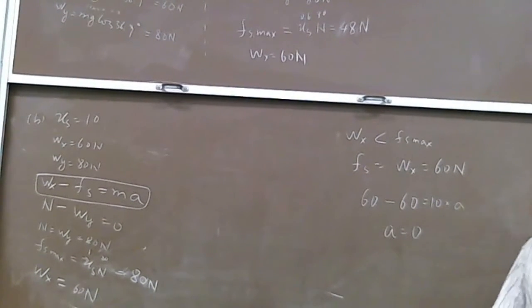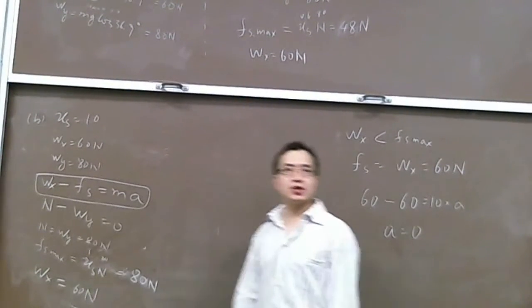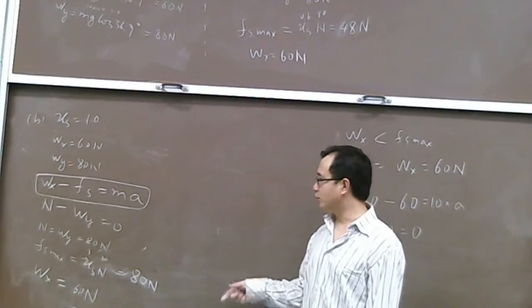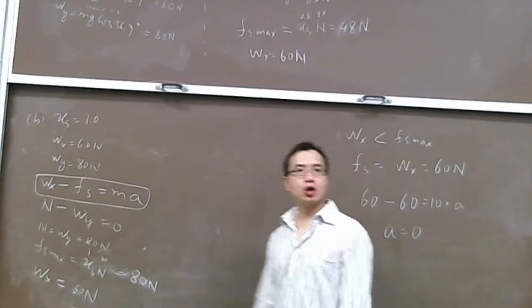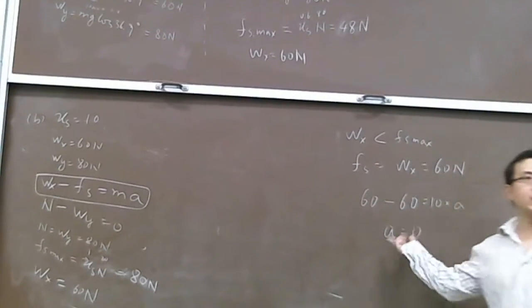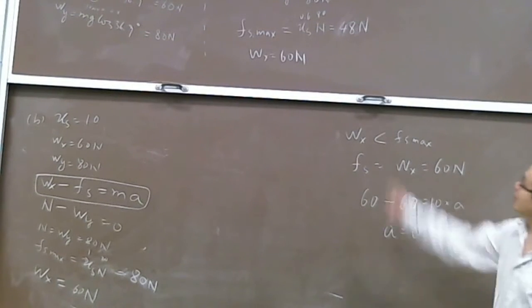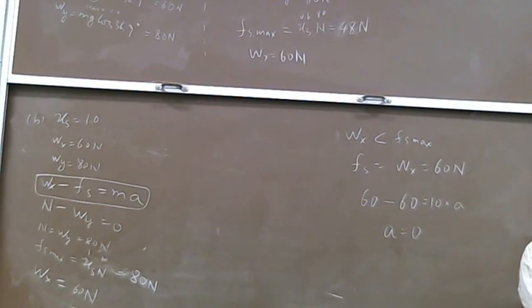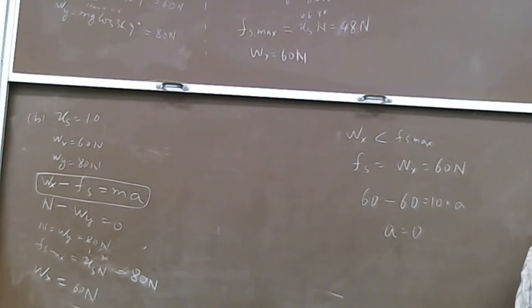So this situation corresponds to the external pulling force Wx not being large enough to overcome the maximum static frictional force. So it wouldn't make motion. Acceleration equals 0. It will still be there. But in that case, the object will start to move. Okay? Any question here?